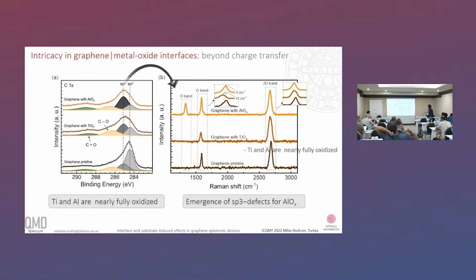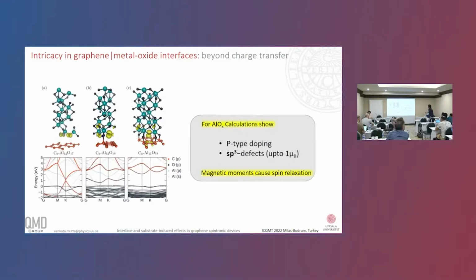So the story turns out to be somewhat like this. In order to understand how the bonding takes place for these sp3 defects, we did DFT, density functional theory calculations, which reveal that in the case of aluminum oxide, based on how it interfaces with graphene, there can be additional p-type doping and sp3 defects, which can offer a magnetic moment of up to 1 Bohr magneton, which can enhance spin relaxation through the resonant scattering mechanism.